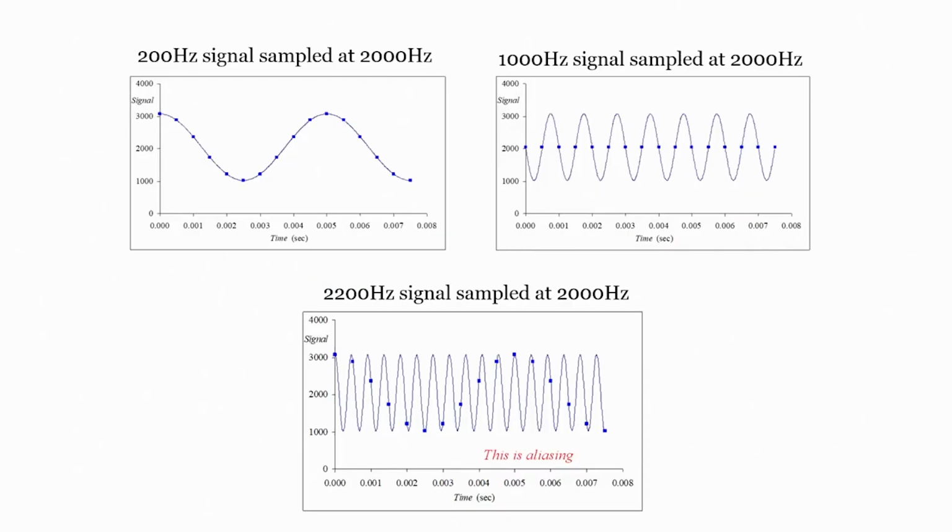Now, if you see here, you have a 200 hertz signal sampled at 2000 hertz, a 1000 hertz signal sampled at 2000 hertz, and you can see this waveform, and a 2200 hertz signal sampled at 2000 hertz, you can see this waveform, right.